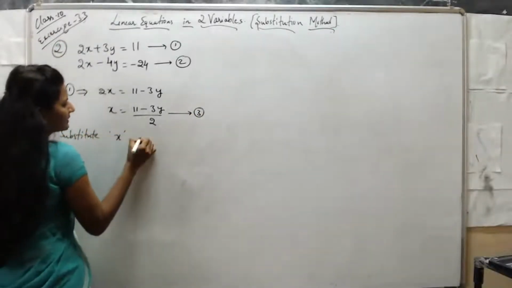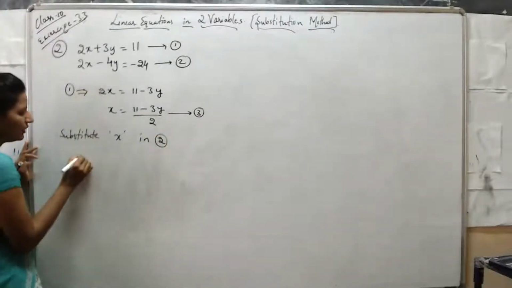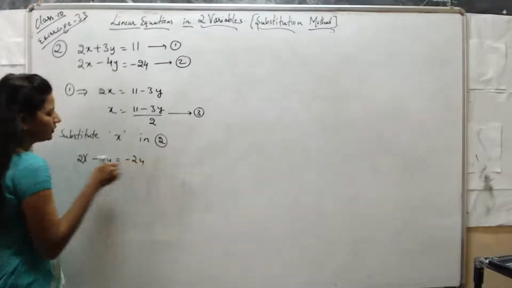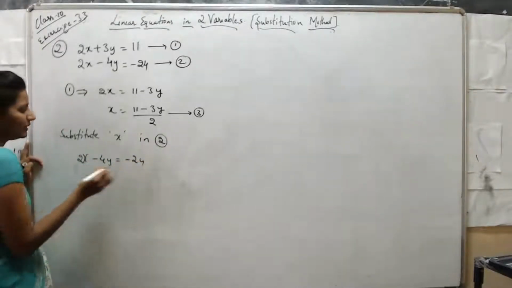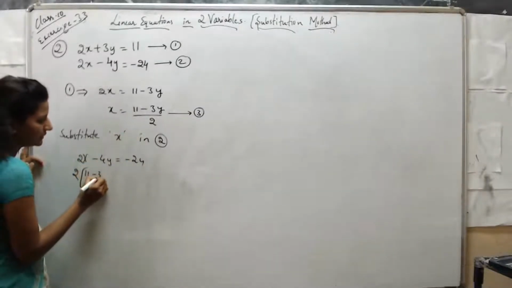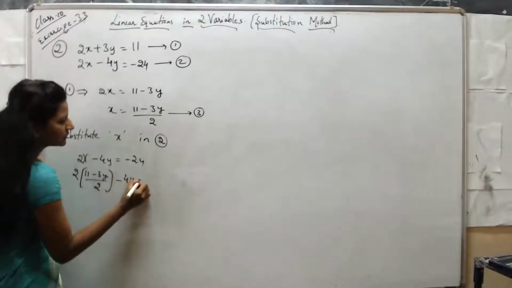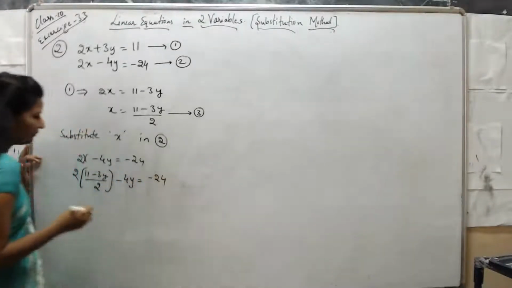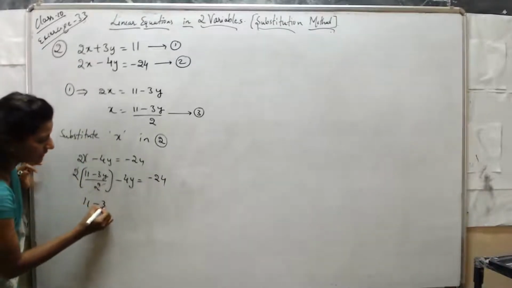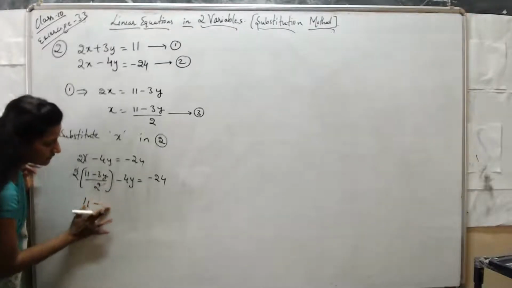Substitute x in equation 2. What is equation 2? 2x minus 4y is equal to minus 24. What is x? (11 minus 3y) by 2, so 2 times (11 minus 3y) by 2 minus 4y is equal to minus 24.